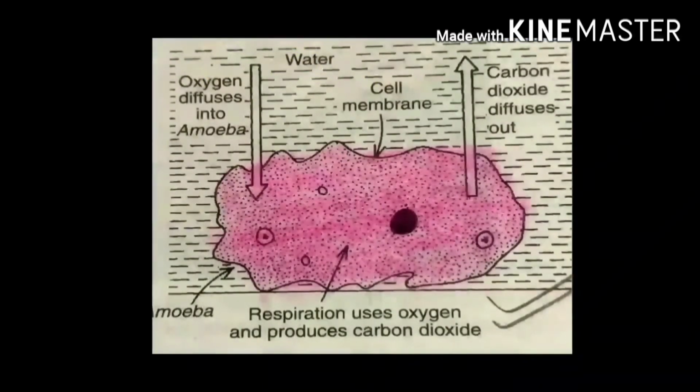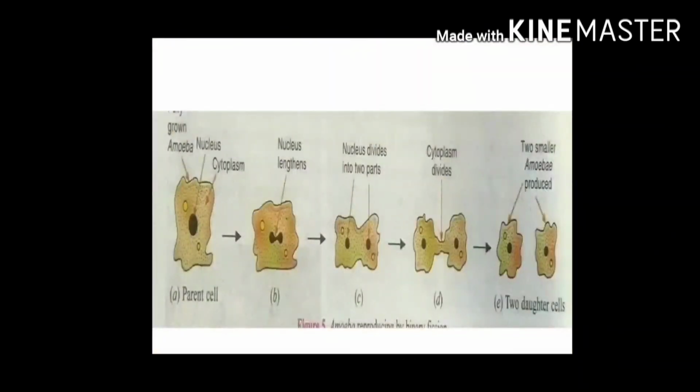In the amoeba, the oxygen is diffused in through the cell membrane and the carbon dioxide diffuses out through the cell membrane of the amoeba. So respiration takes place in a single cell. The reproduction also takes place in the single cell by binary fission. It is an asexual type of reproduction.